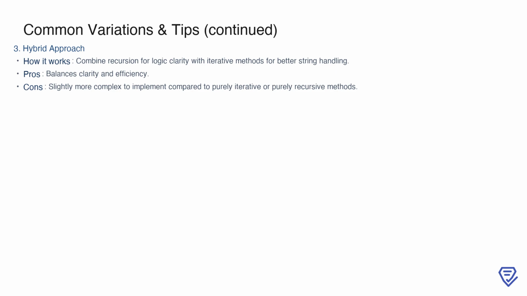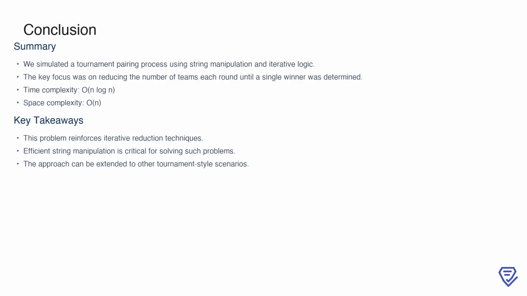However, it does come with its own challenges, as combining both methods can make the implementation slightly more complex compared to sticking with a purely recursive or iterative solution. By understanding these trade-offs, you can choose the method that best suits your needs while keeping both readability and performance in mind.